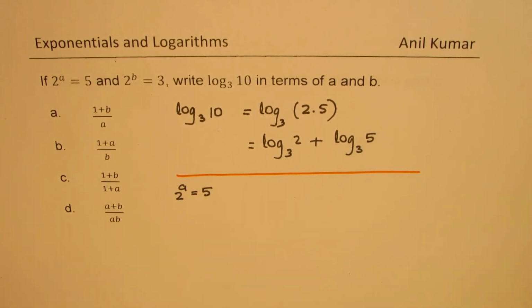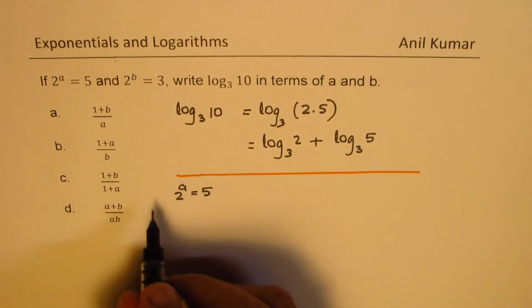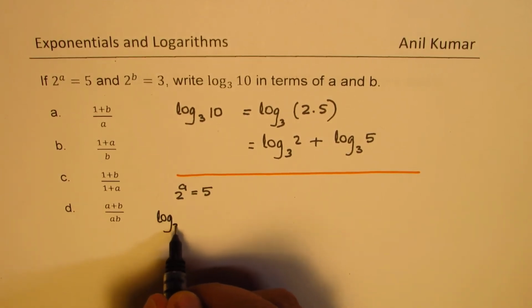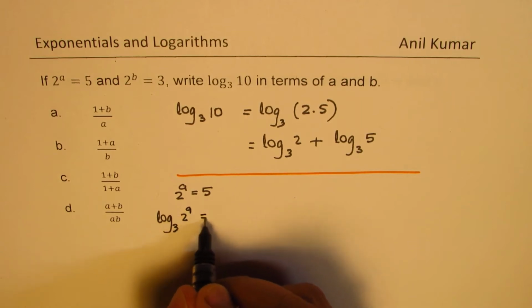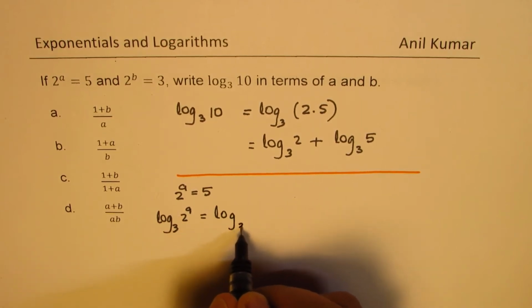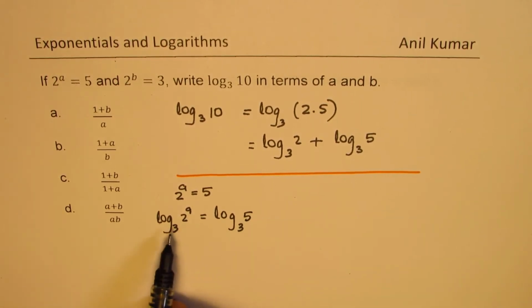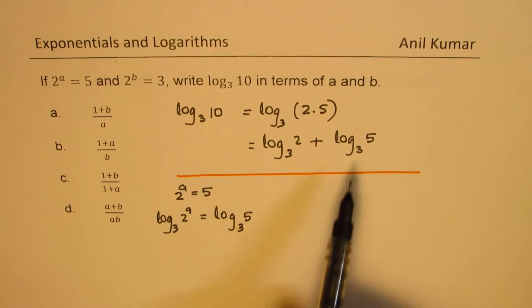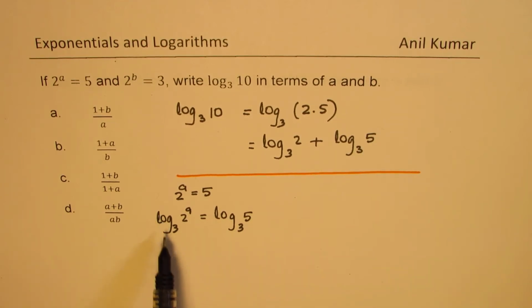So we have both the options to work with. Okay, since we need 3, let's write log to the base 3 of 2 to the power of a equals log to the base 3 of 5. So if I change to the base 3, I get this term, right? So log to the base 3 of 5 will be log to the base 3 of 2 to the power of a.